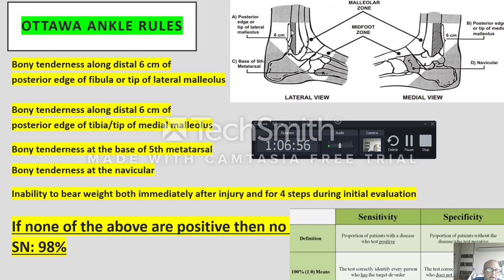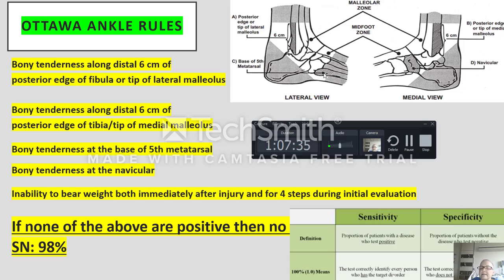Bony tenderness along distal 6 centimeters of the posterior edge of the tibia and tip of the medial malleolus, which is going to be right here. So these two darkened spaces right here, medial and lateral. Bony tenderness at the base of the 5th metatarsal, which is going to be right here, the 5th metatarsal.